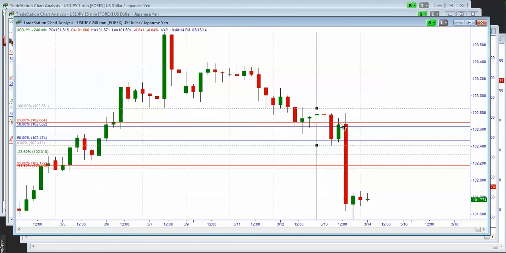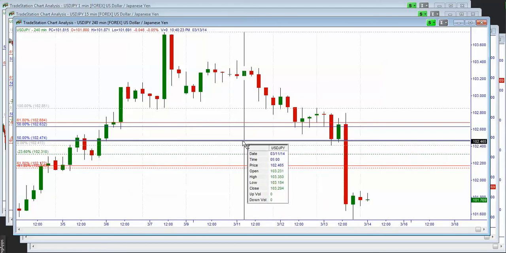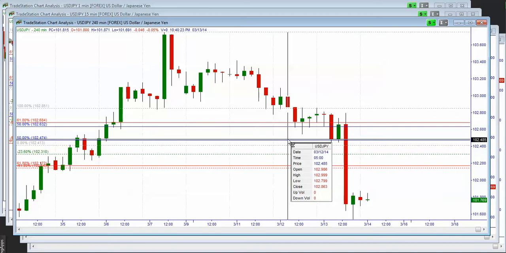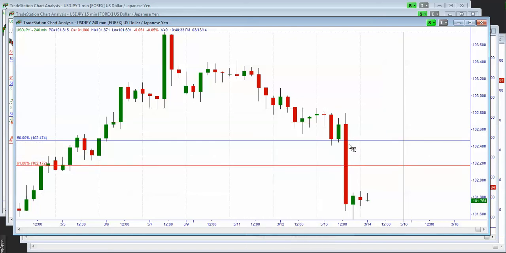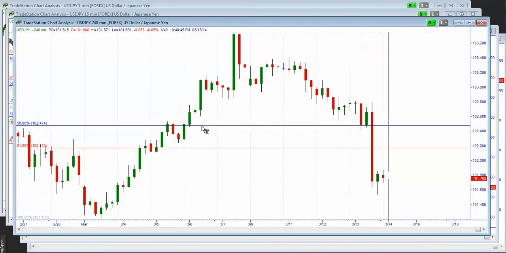Unfortunately after that, and this could also be an exit if you did not exit at 102.50, but 102.50 was the exit that I had recommended. So eventually the stock market move lower in the US actually caused profit taking on forex as well.